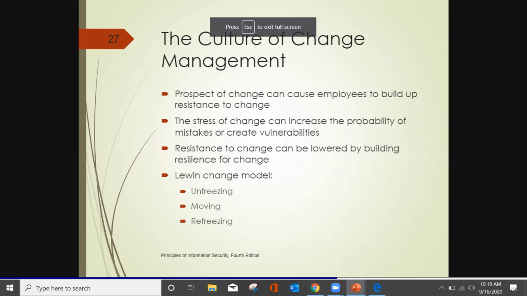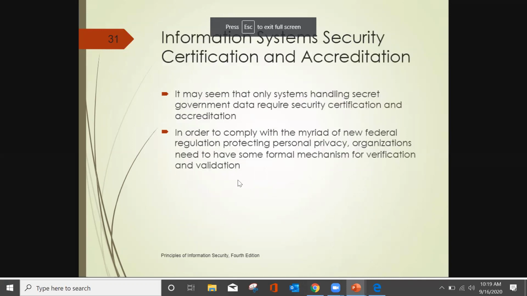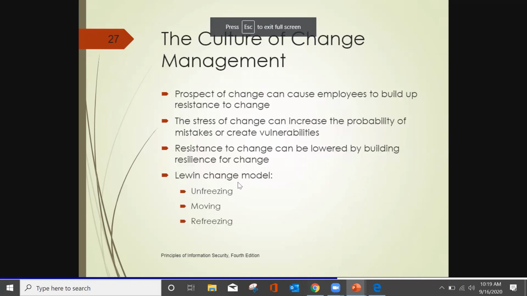Now there are several models of change. When you are making a change in a system, we have what we call Lewin's model of change. I also teach change management at another university. Lewin's change model is very popular.